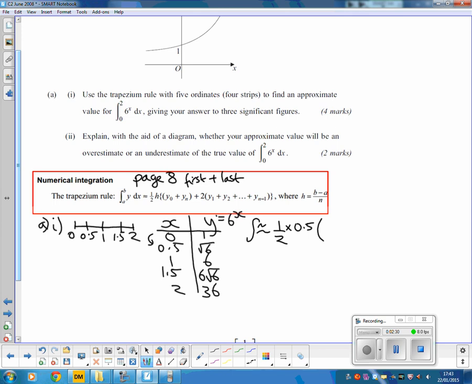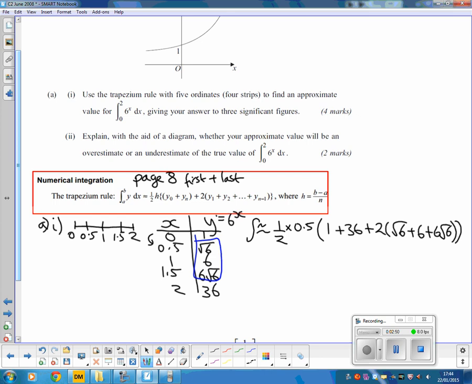So in this case that's 1 plus 36 plus 2 times the rest of them. So 2 times all the y's in the middle. So that's root 6 plus 6 plus 6 root 6.